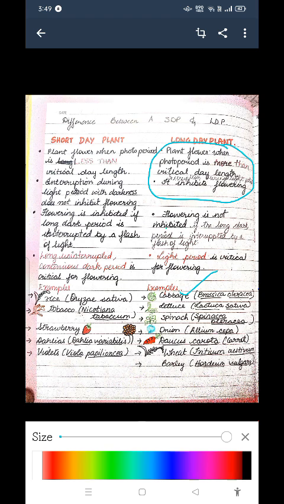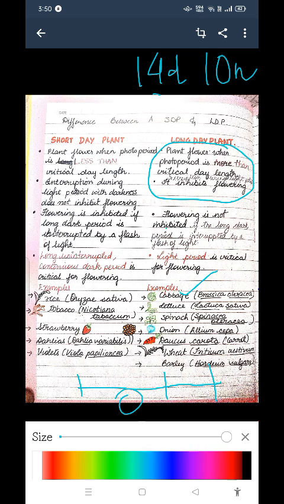If I take cabbage, and suppose it has a critical day length of, I'm just saying, approximately 14 hours of daylight and 10 hours of night. Suppose now I have kept this cabbage in the sunlight for more than 14 hours. Suppose I gave it 15 hours of daylight.